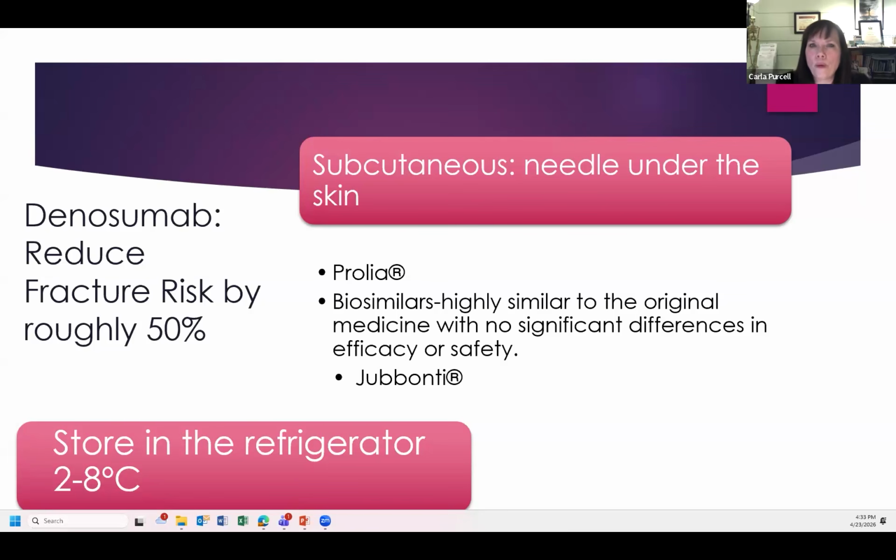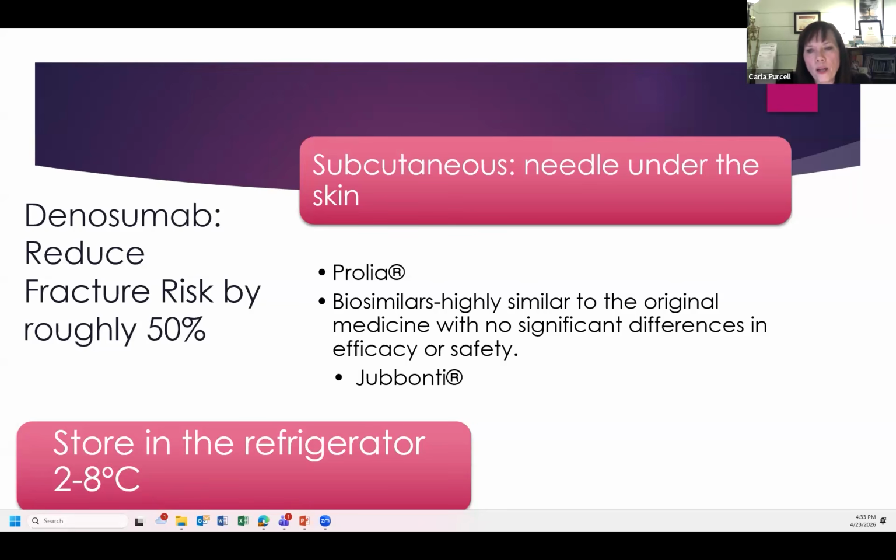And now there are some biosimilars that you may have heard about. A biosimilar medication is very similar to the original medicine. It's not exactly the same, but from a clinical perspective, they work as well. So there's not a significant difference in efficacy, which means how well they work, or in the safety profile of the medication.